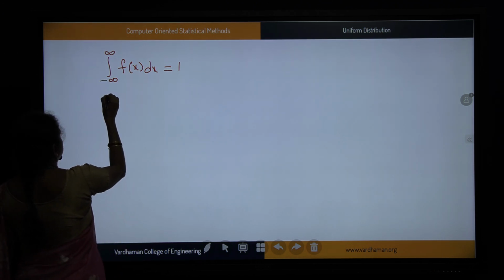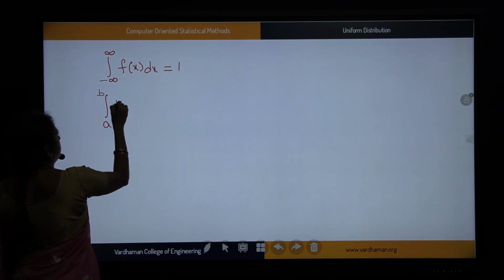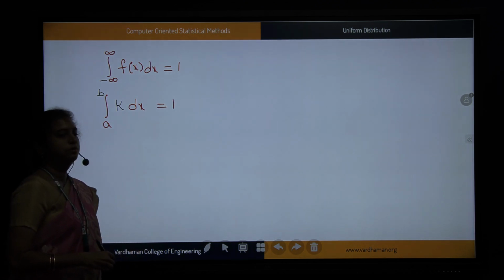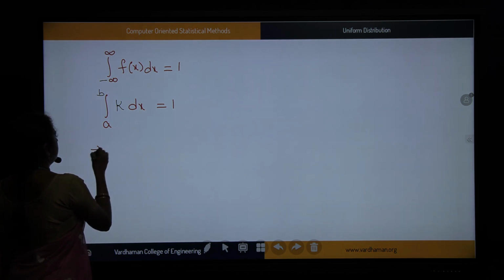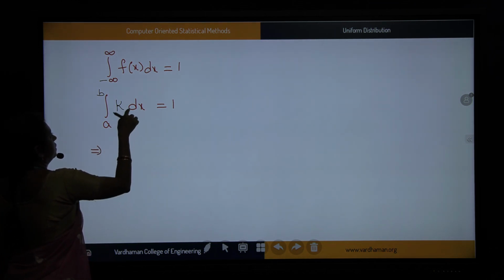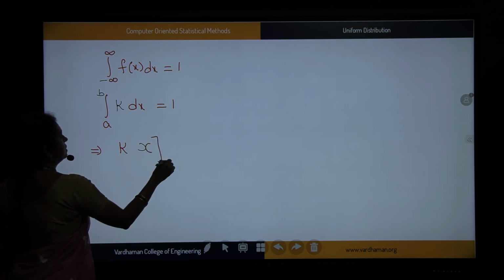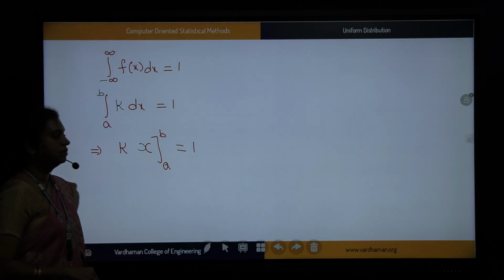Solving, this implies k times the integral of 1 with respect to x, that is x between limits a and b, is equal to 1.